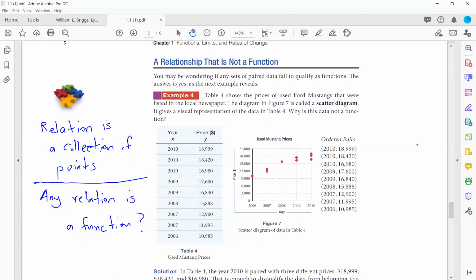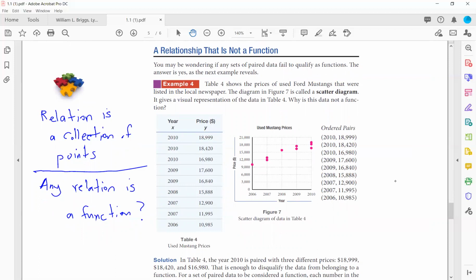Very well. Remember the definition of a function. For each x value, you must have exactly one y value. Take a look at this.